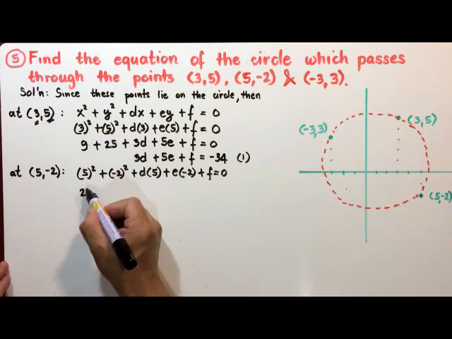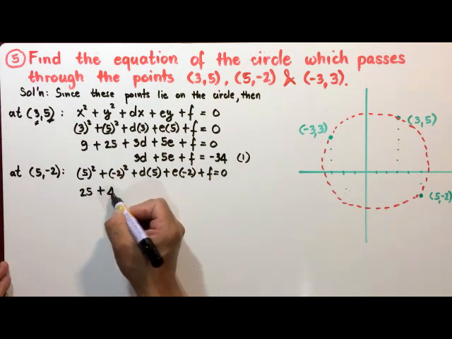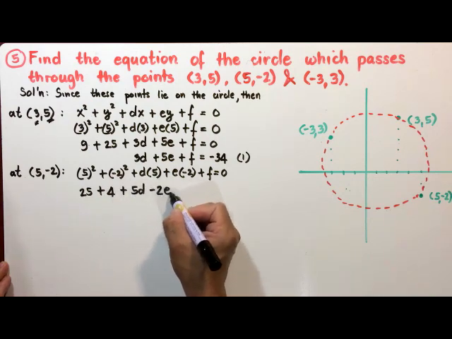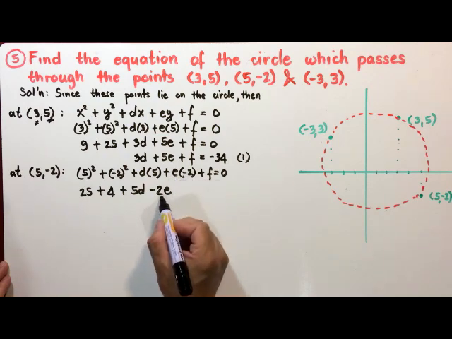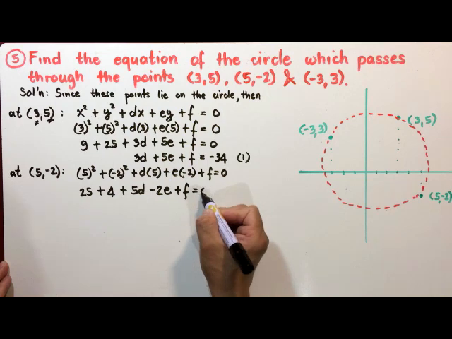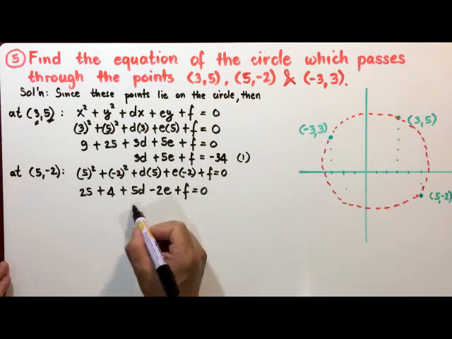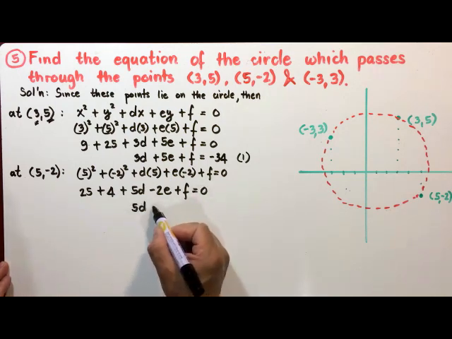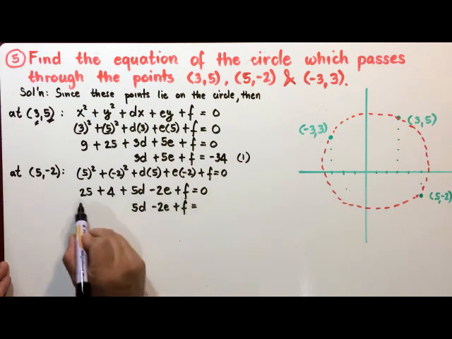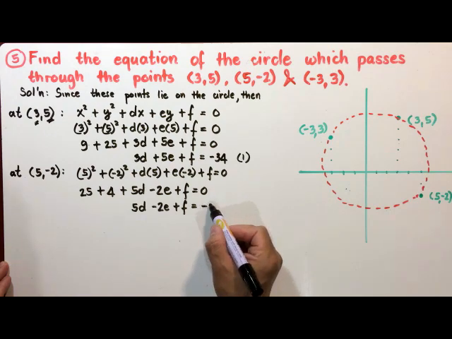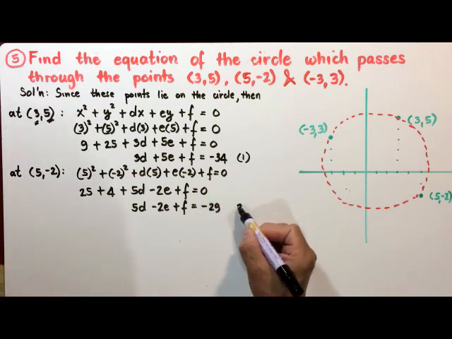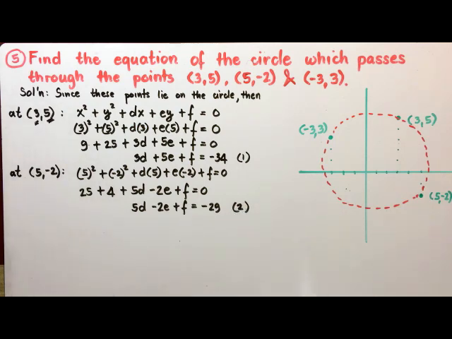Simplifying, this is 25 plus 4 plus 5d minus 2e plus f is equal to 0. Applying simple arithmetic, this 29 will be here as negative 29. And that is my second equation.